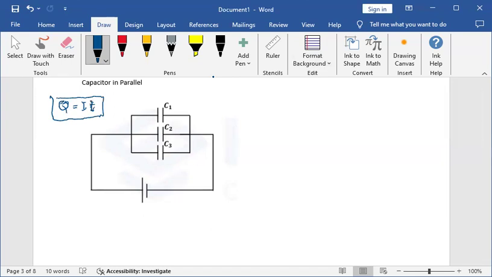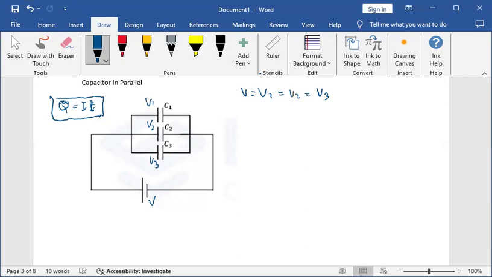And next, Ohm's law in parallel. The potential across each branch is the same: V equals V1 equals V2 equals V3.